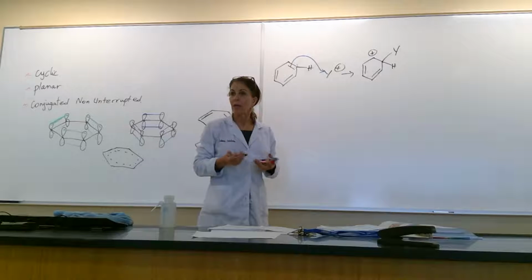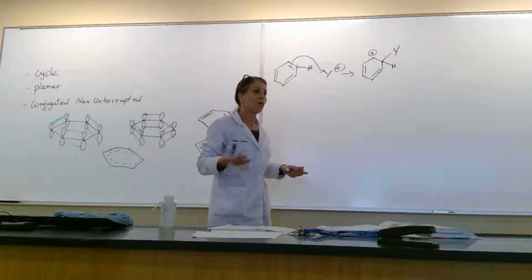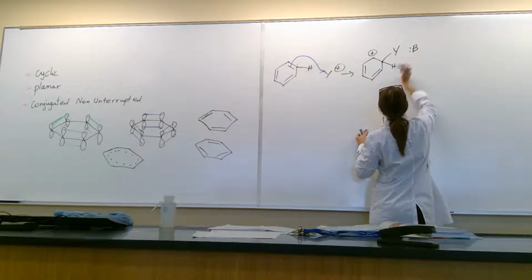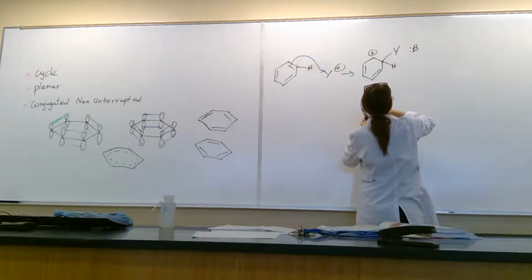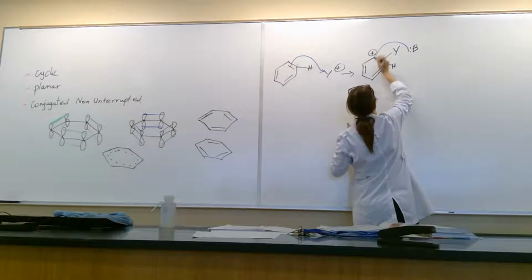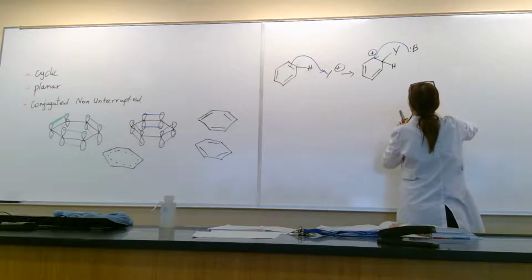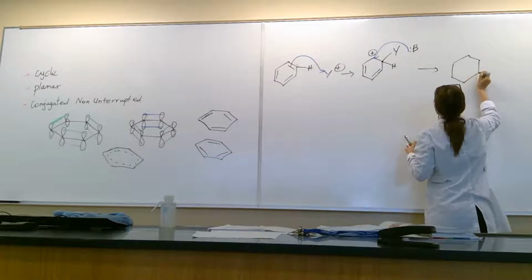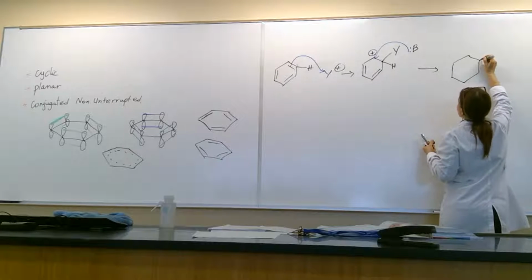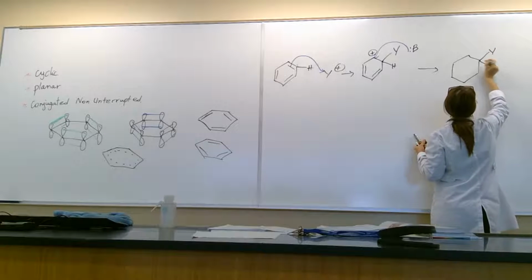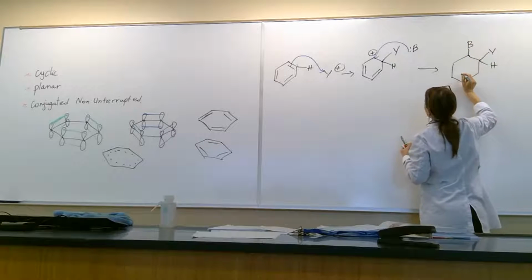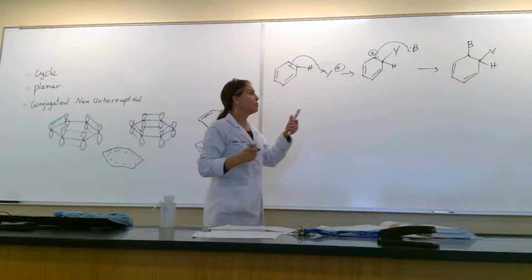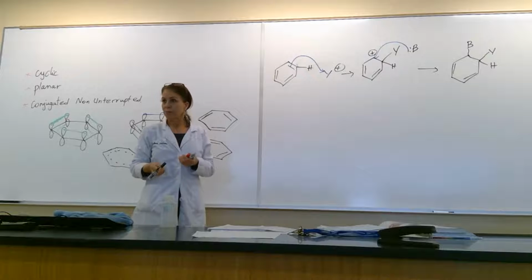So we're going to bring a base or nucleophile. Okay? So this is one option. I'm bringing the base, and the base will attach here. And we end up with this. Y, H, B, and then this. So this would be an addition. Okay?